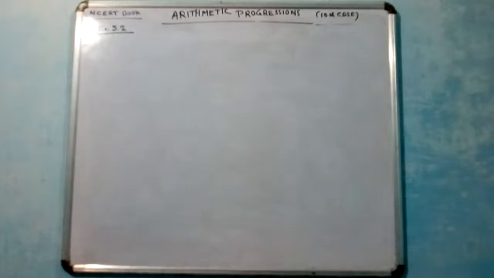Yes, Mithun. Read the question. What is given? For what value of n are the nth terms of two APs equal? So what do you understand from this question? The two APs are there, okay? Fine.